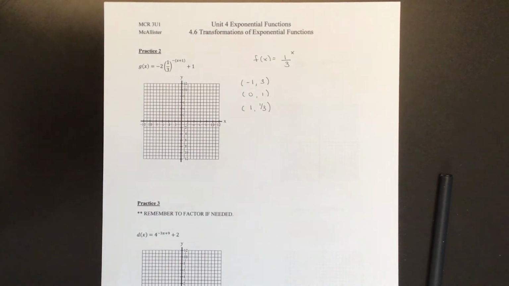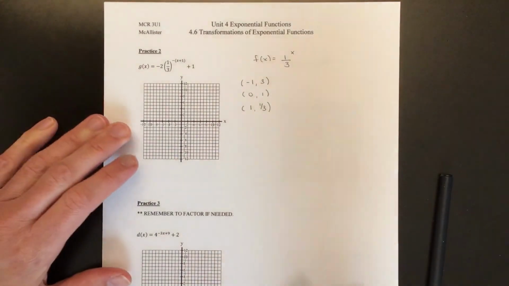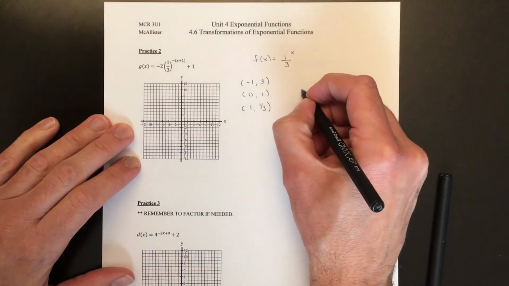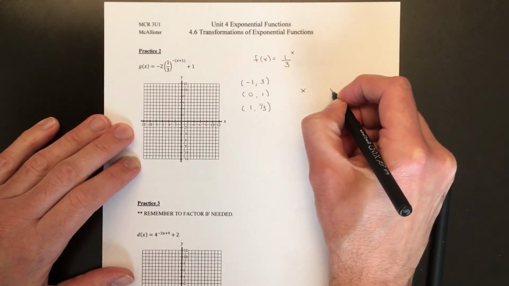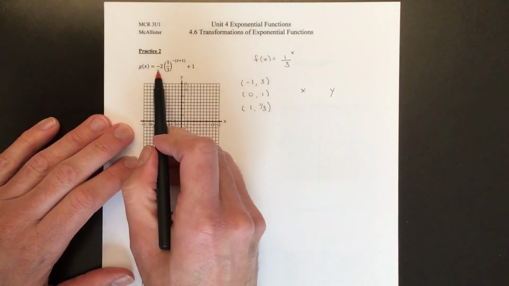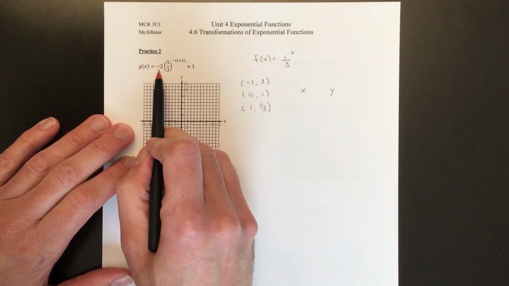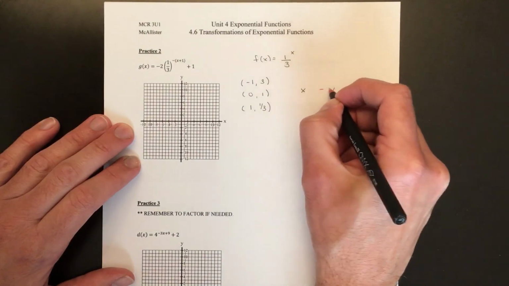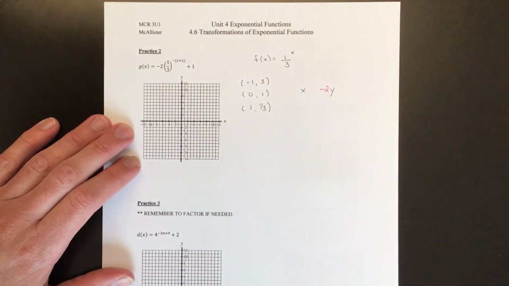Once we have our points, we now need to determine our expressions. So I'll put in the x and the y. The -2 is the a value, which means I multiply the y's by -2.